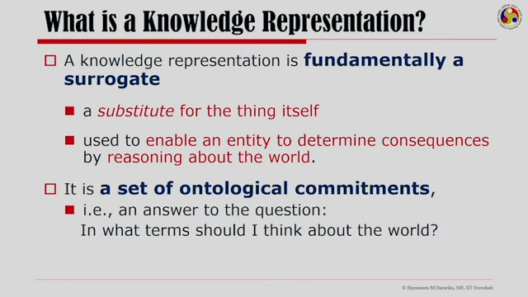That means having a knowledge representation, I am now able to answer a question like, in what terms should I think about the world? This is one important aspect that we need to understand, that ontology means the world as we see it. The knowledge representation gives me an answer to that question.